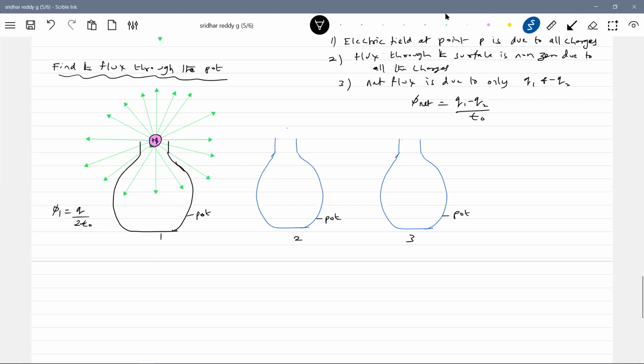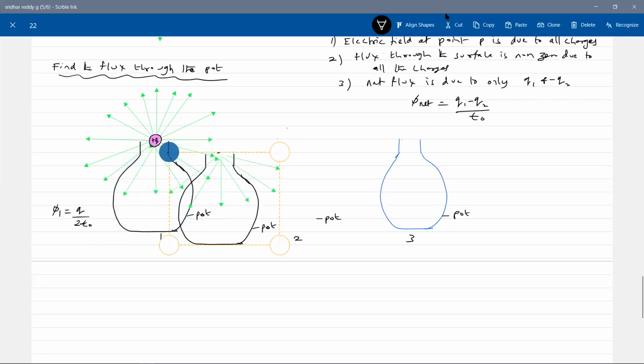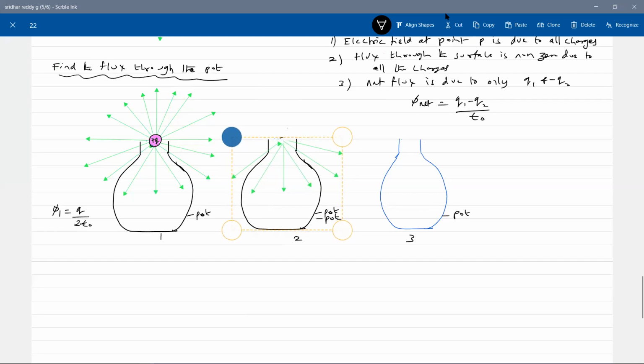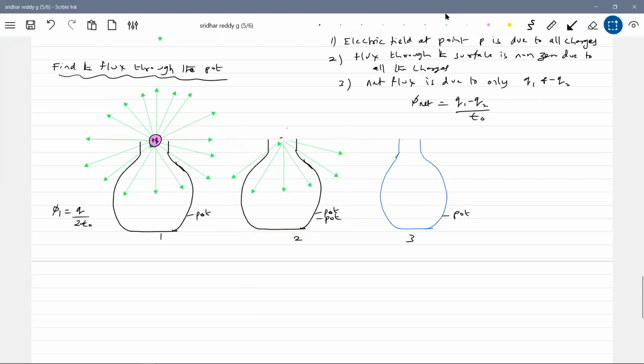This is a pot. There's a problem. A complete line is needed, no?